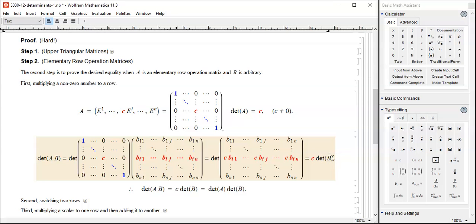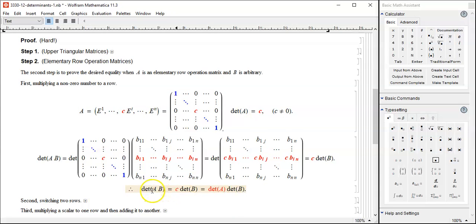So C times determinant of B. So what's the conclusion? Determinant of A times B is C times determinant of B, and C is equal to determinant of A, as you saw here.